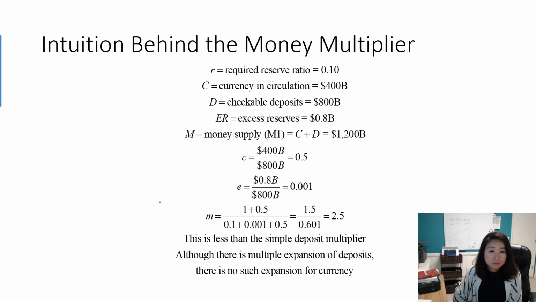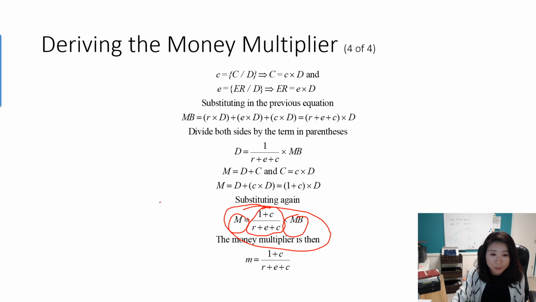And what is the money multiplier? In order to calculate the money multiplier, you have to go back to what the multiplier looks like: 1 plus C divided by R plus E plus C. So we just need to get the values for C and E. We know R, the required reserve ratio, is 10%.